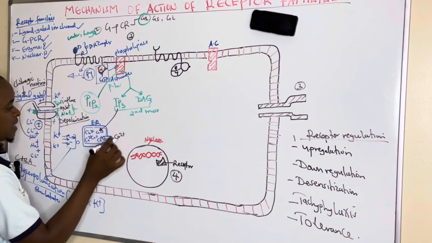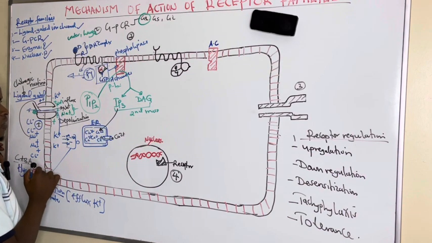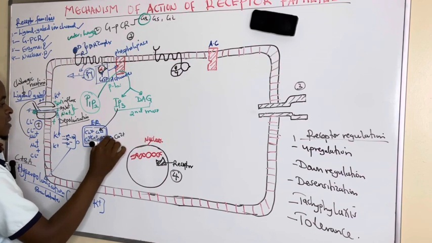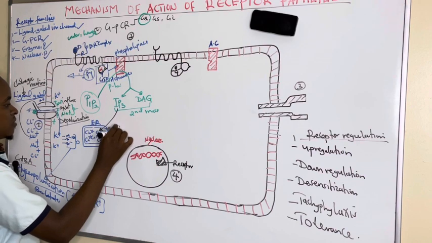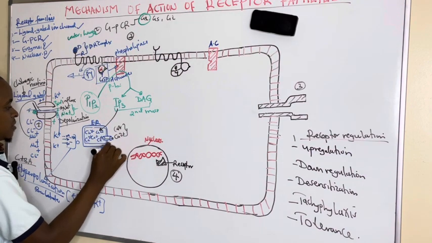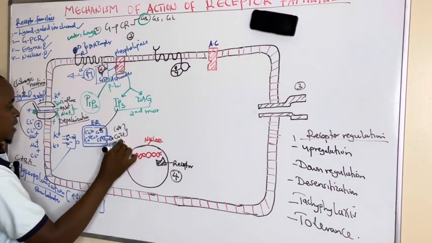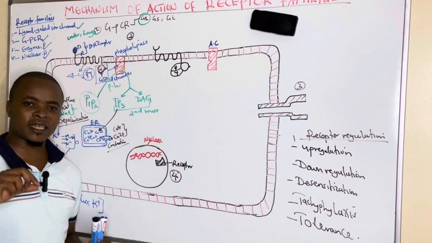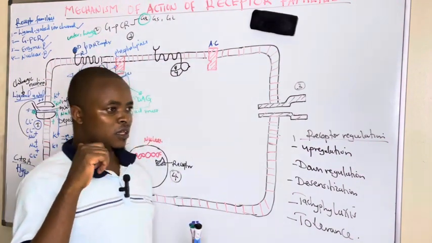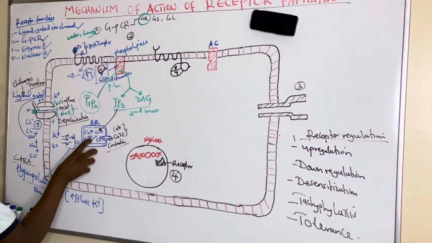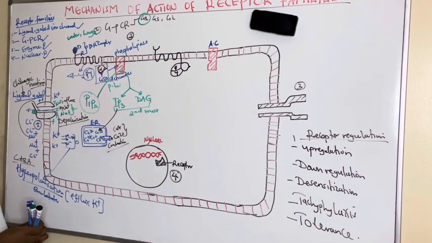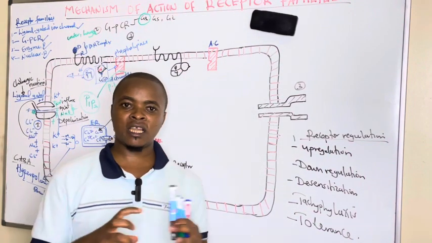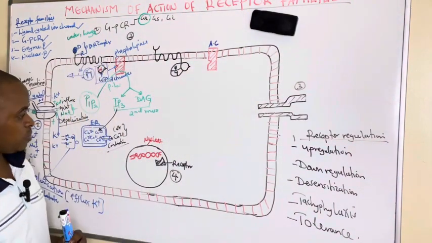This release of calcium within the cell cytoplasm causes contractions. If it is the heart muscles, they will contract. So the importance of the second messenger IP3 is that it goes to the sarcoplasmic reticulum or endoplasmic reticulum, causing release of intracellular calcium ions, leading to contractility of the cell, hence bringing a response.